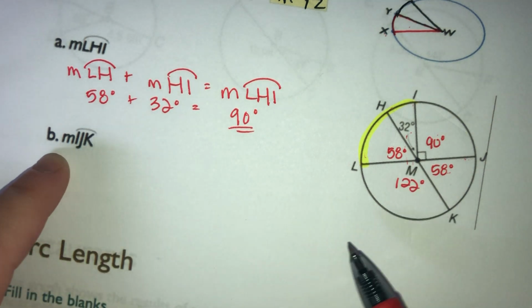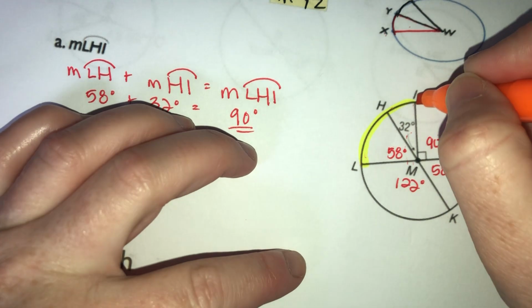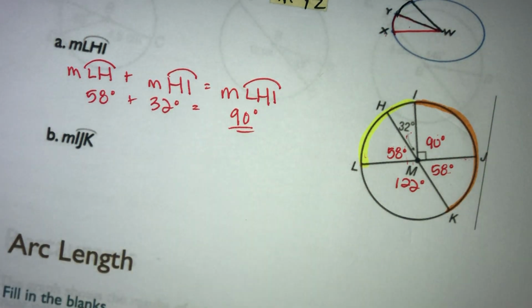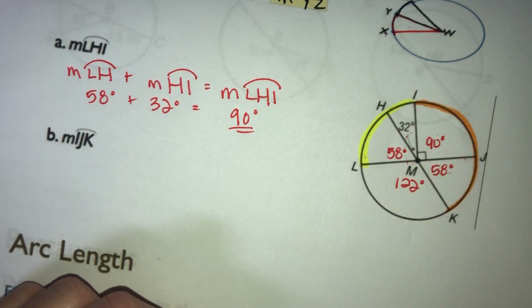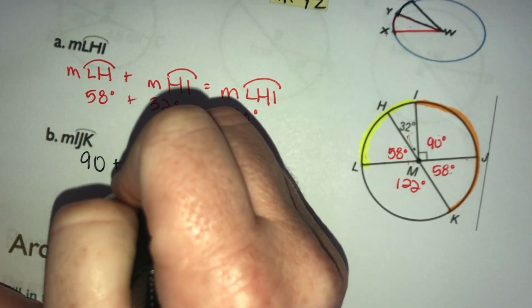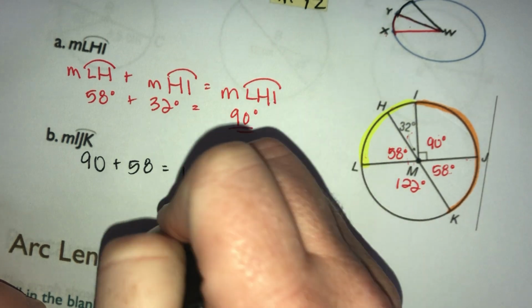Okay, and then next one B, the measure of IJK. So that's going to be this arc. So I'm going to add IJ, which is 90, plus JK, which is 58. 90 plus 58, I'm just not writing out all the steps this time, is 148 degrees.